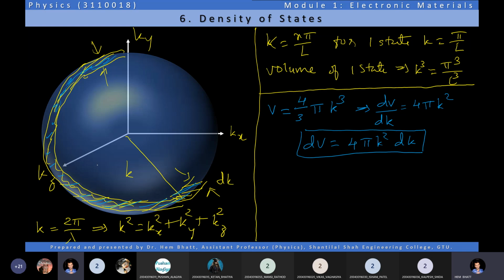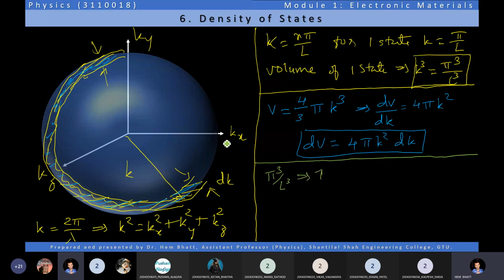Write down these two equations in your book, equation of k cube and equation of dv. So now I can say that pi cube by L cube is the volume of one state.